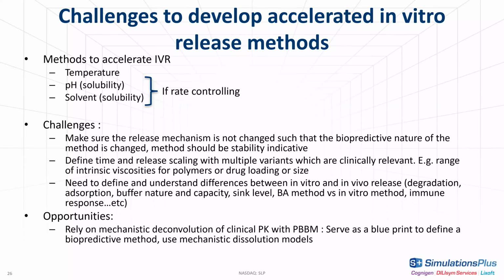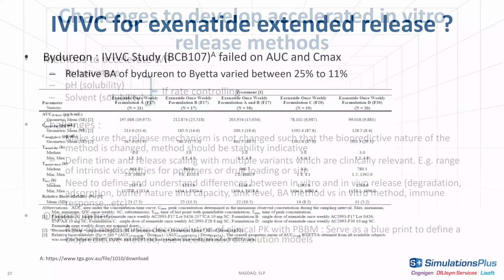So to finish on Exenatide extended release, there was an IVIVC study conducted in the file, and it failed on both AUC and Cmax, and the fast and slow formulations were actually less bioavailable than the reference listed drug. And as you can see here, the relative bioavailability of Bydureon to Byetta varied during that study from 11% to 25%.